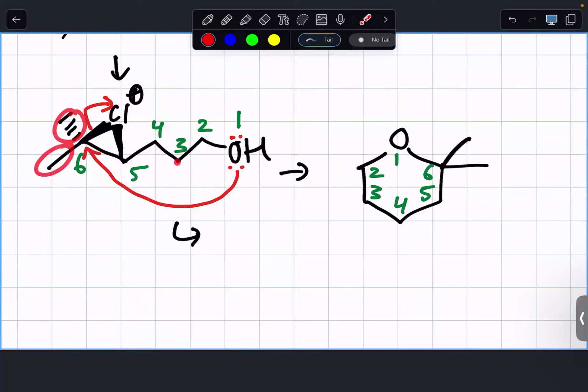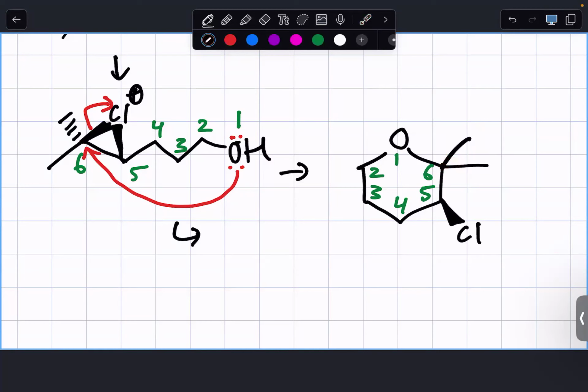If on carbon 3 there was an isopropyl group in the reactant, then you just include that isopropyl group there on carbon 3. And on carbon 5, we see that there is a chlorine that is wedged. Since this is not a chiral center, we don't have to include stereochemistry. If this was a chiral center, then we would include stereochemistry.